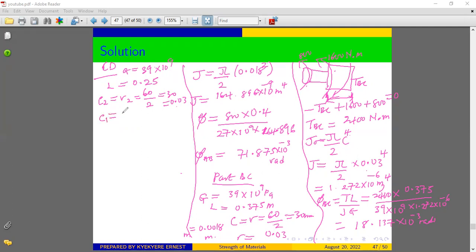A distance of 40 millimeters has been cut off from there. So this is 40 over 2, which is going to give us 20, and in meters, it will be 0.02.